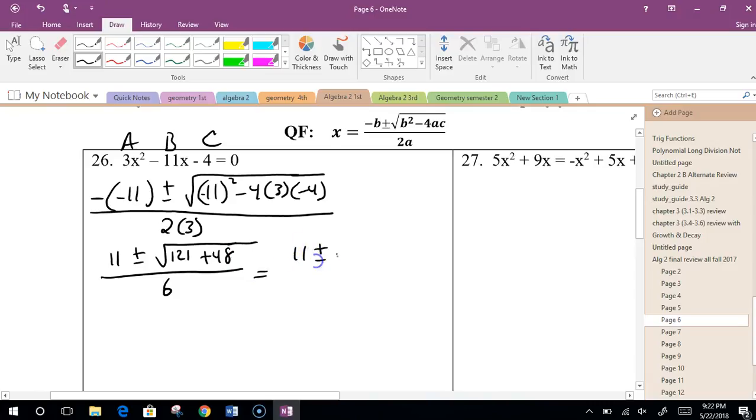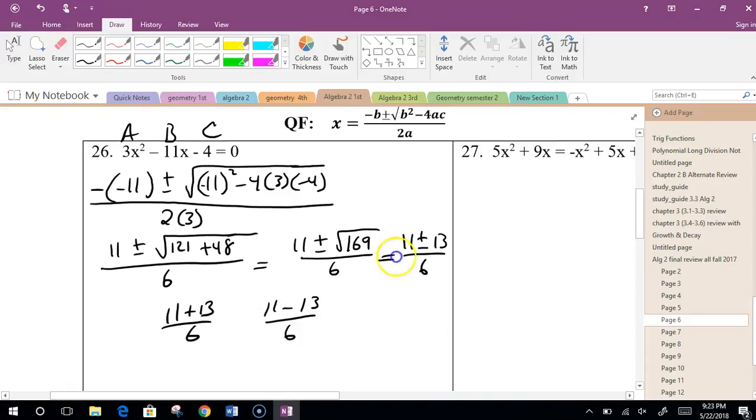You have 11 plus or minus the square root of 169 over 6. Well, the square root of 169 happens to be a perfect square, 13. So this means we have 11 plus or minus 13 over 6, which means we have two equations: 11 plus 13 over 6 and 11 minus 13 over 6.